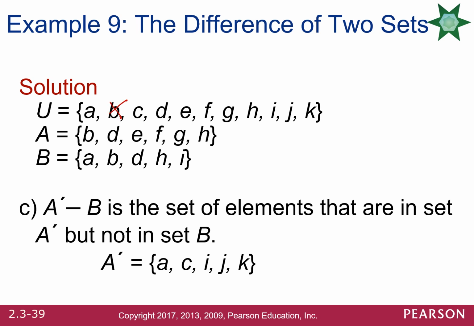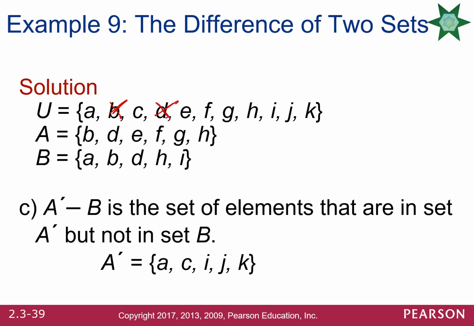We cancel out the B because that's in set A. C is fine. We cancel out the D. Let me do this again. D is here, so we cancel out the D. D is common. For a second, I got a little bit confused there.